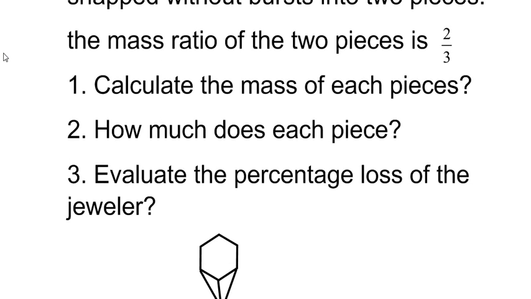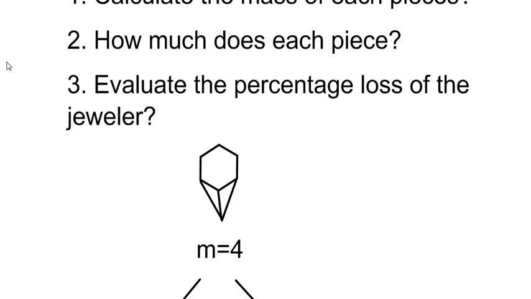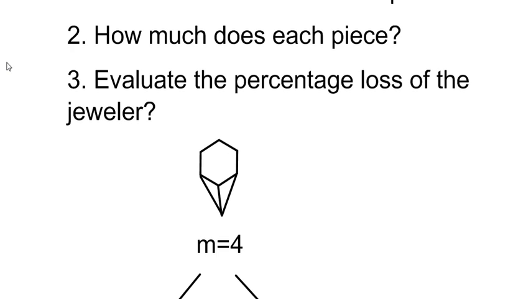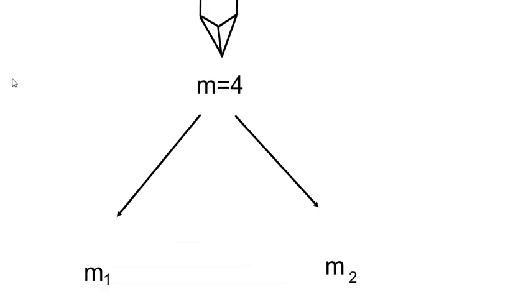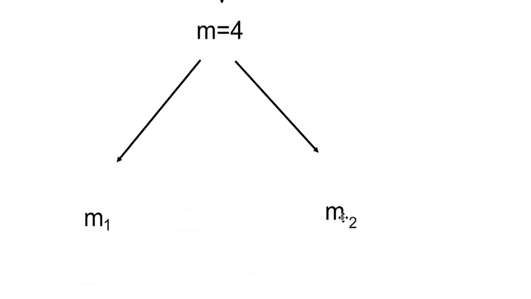Here is a diamond with a mass of 4 grams that was snapped into two diamonds, M1 and M2. So we have to find the mass of M1 and M2.